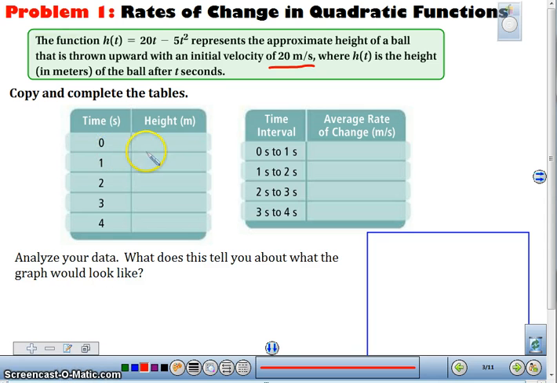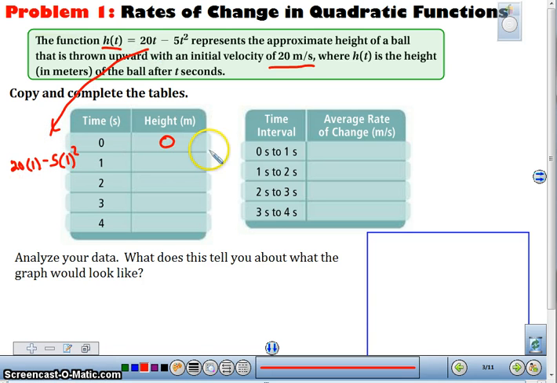So if we replace t with 0, the height is 0. If we replace it with 1, someone said, how are you getting the height? h equals, you're using this equation. So 20 times 1 minus 5 times 1 squared. So you're just replacing in this equation.